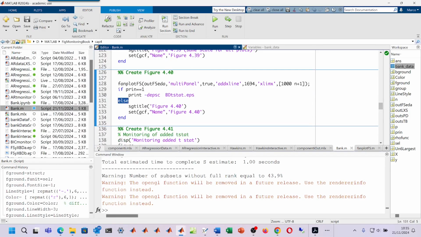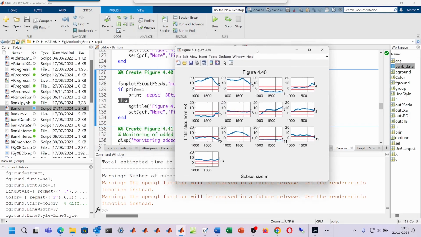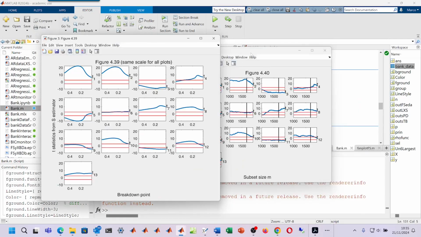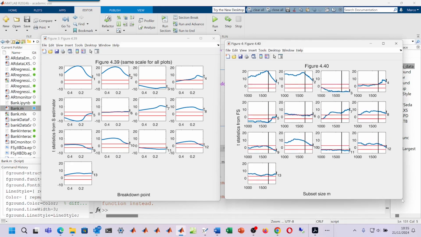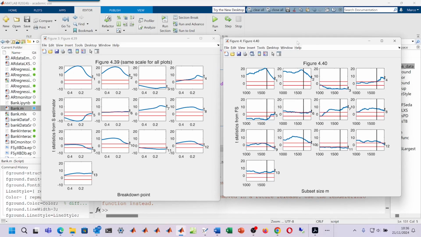And now we repeat the same thing, but we show the monitoring of the T statistics as a function of the subset size from the forward search. Well, you can see that the results are very similar. For example, look at T6.